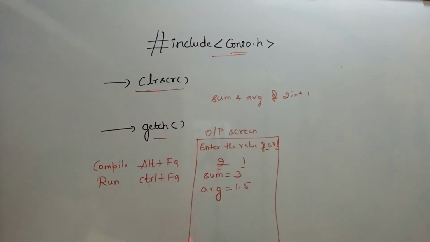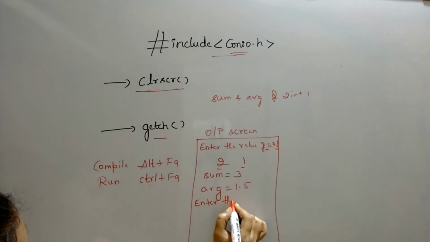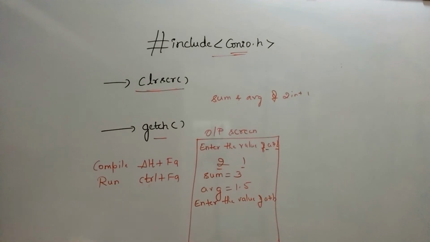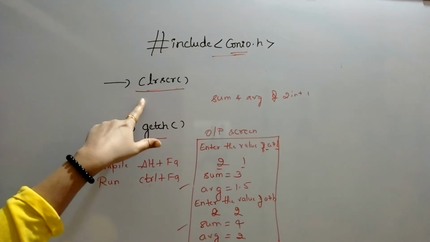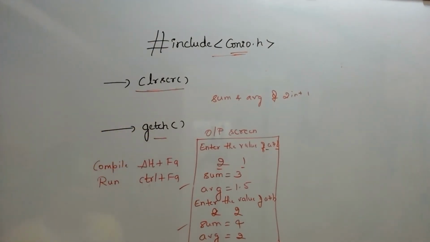If you run the program for the second time, again it will ask to enter the value of A and B. Again you give some values and you get your output. If you run the program for the third time, these two outputs remain in your output screen because you have not used the clear screen function in your program.